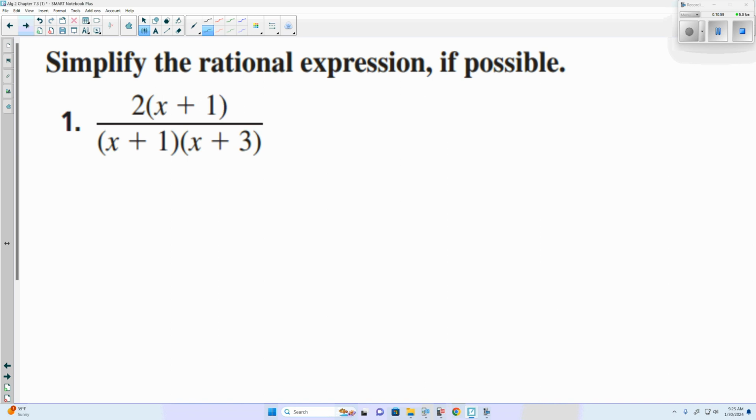2 times the quantity x plus 1 divided by x plus 1 times x plus 3. Yes? Is there something in common on top and bottom? Inside the parentheses, we have x plus 1 on top, x plus 1 on bottom. Yes? With multiplication, I can do this out to the sides of this here.